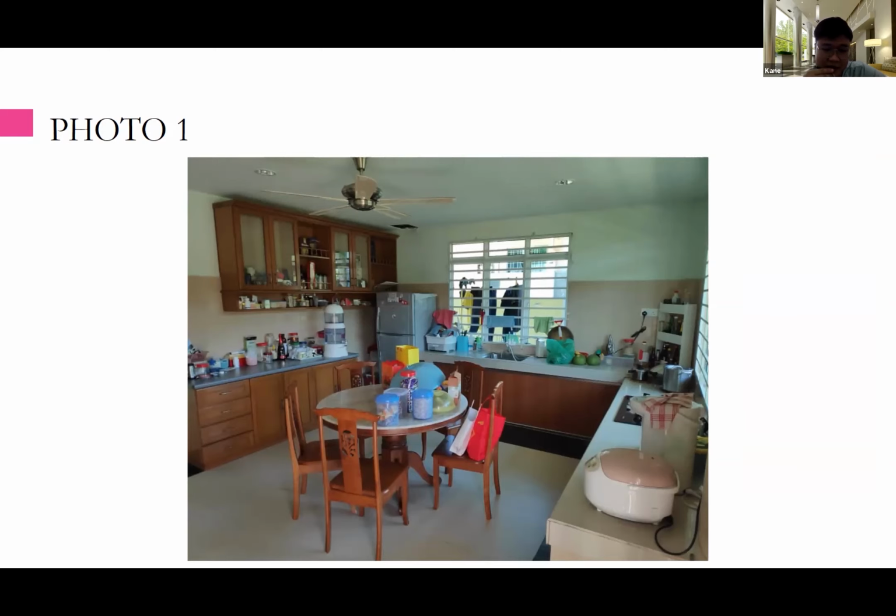The third one is the refrigerator. You can see that it is located at the corner with no purpose. When you open the refrigerator door, it hits the cabinets at the left side with the water filter there. And there is an empty space between the wall cabinet and the refrigerator.